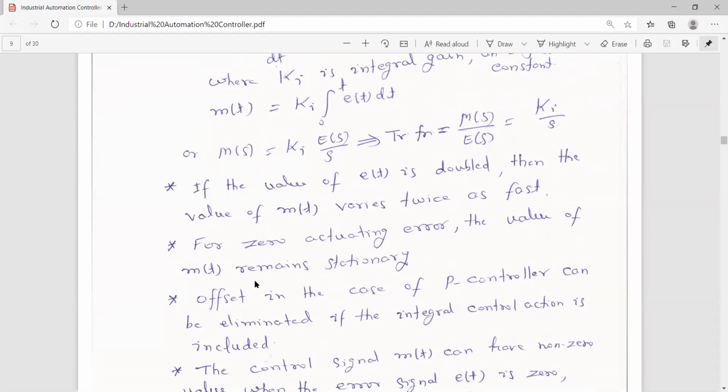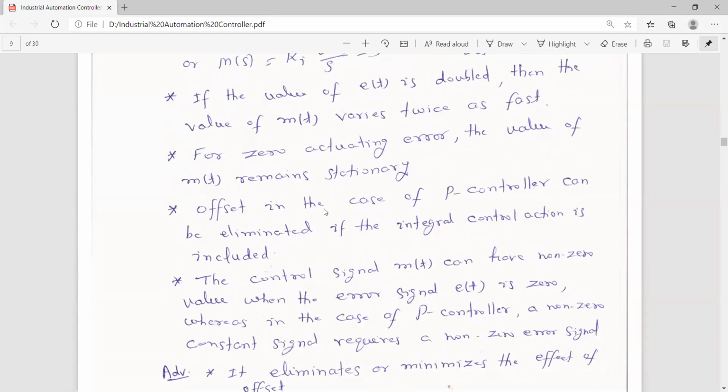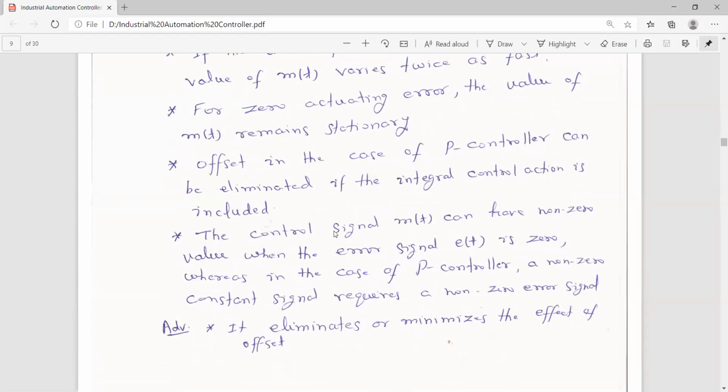So here certain features are there. If the value of ET, means the error signal, is doubled, then the value of MT, means the output, varies twice as fast. Then for zero actuating error, the value of MT remains stationary. The offset in the case of the P controller can be eliminated if the integral control action is included.